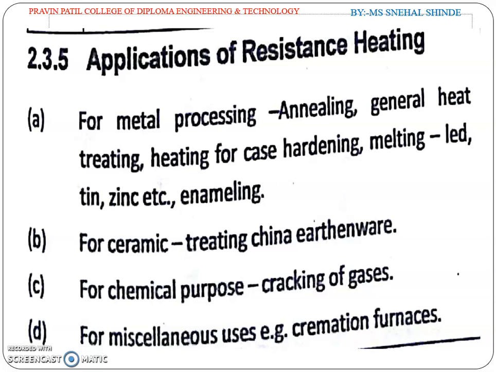We have also seen the requirements of the heating element, or the desired properties of the heating element, and its applications. In the next lecture we will see the remaining part of resistance heating, like the design of the resistance heating element, and we will start our next classification of electric heating, as we have completed electric resistance heating.